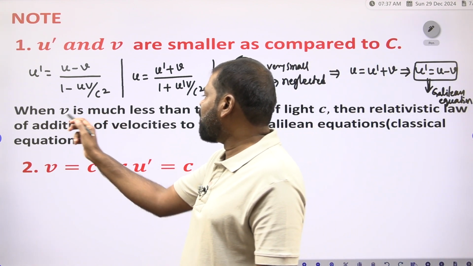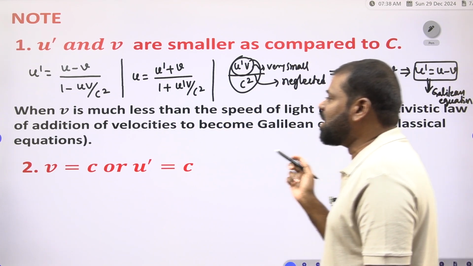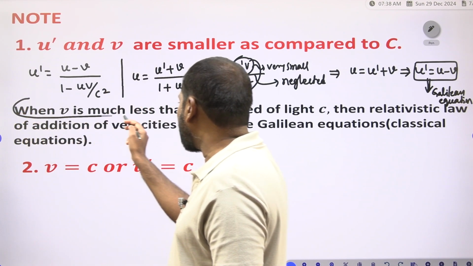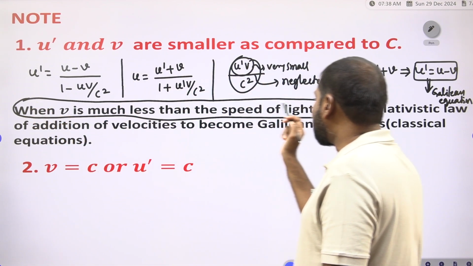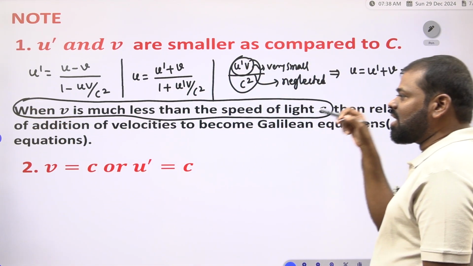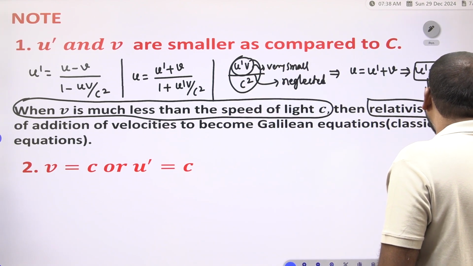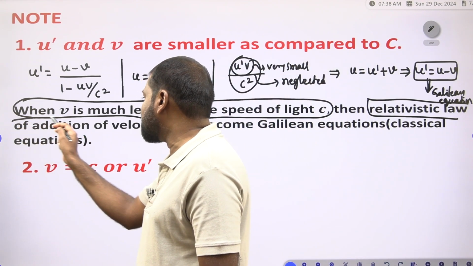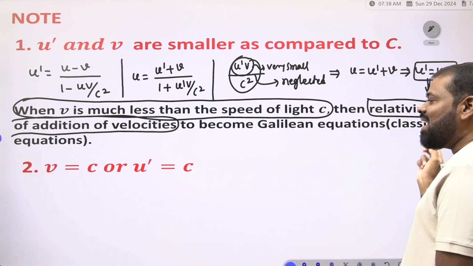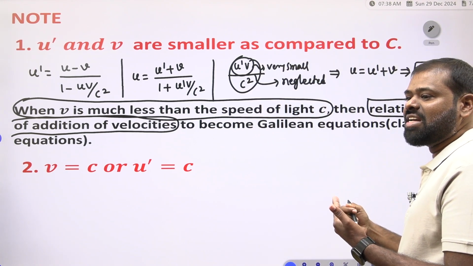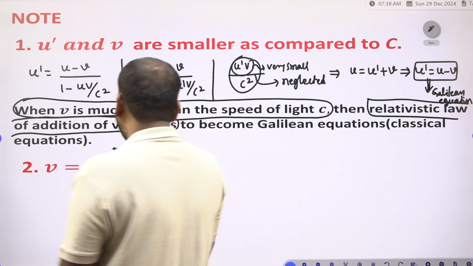So we write the conclusion: when v is much less than the speed of light, the relativistic law of addition of velocities becomes the Galilean equations, which belong to the classical equations. That is very important. What are the Galilean equations?